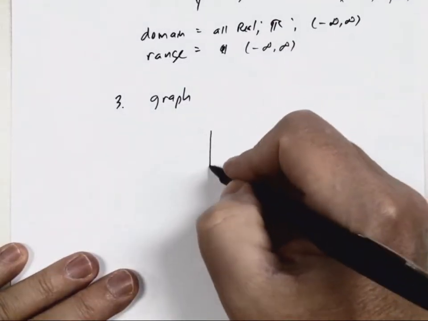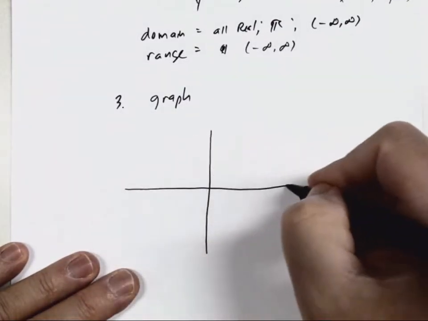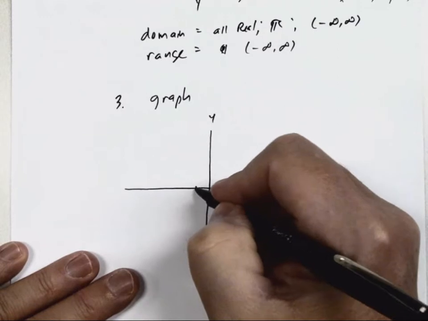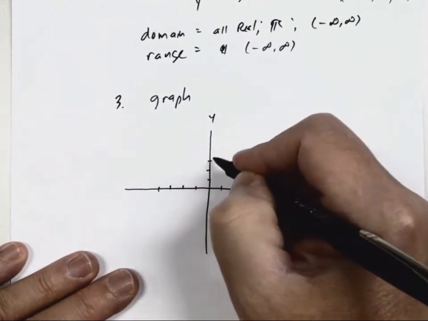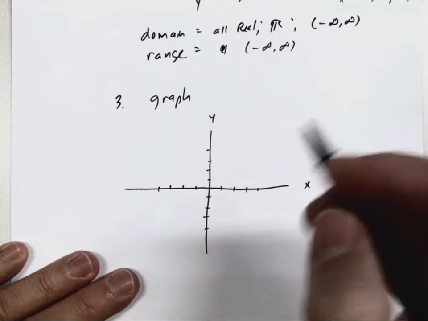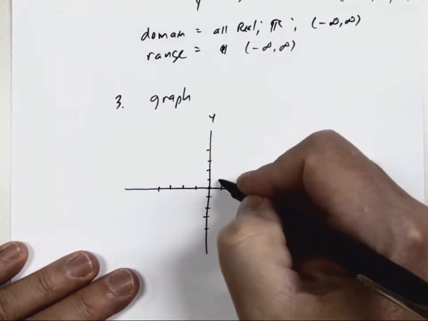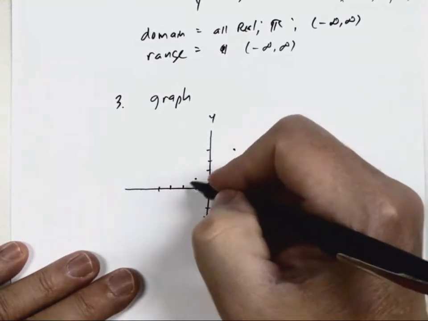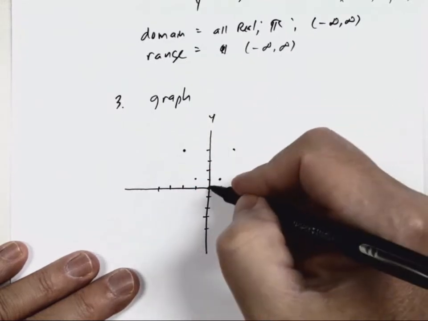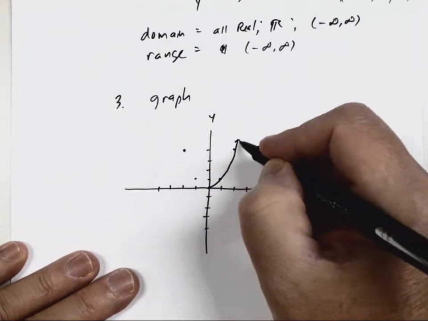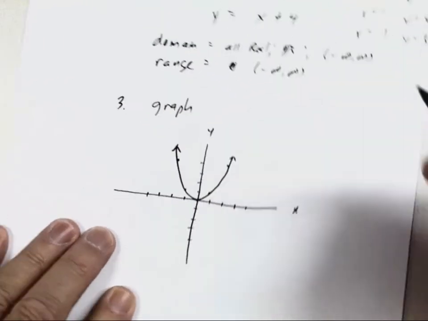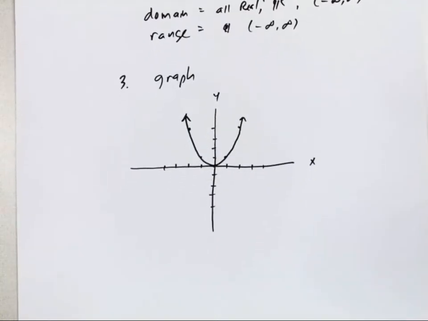So if you think about a graph, I'll do a pretty simple graph, just a simple parabola. The idea is I can choose a value for x.